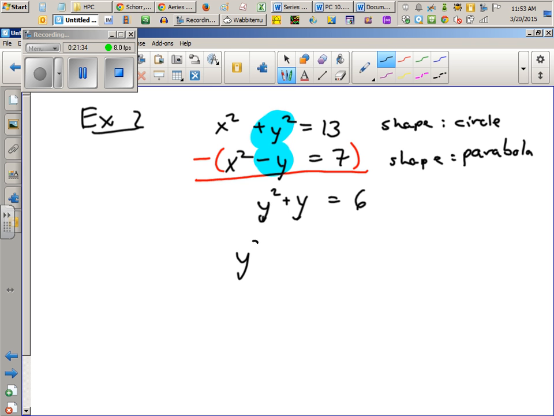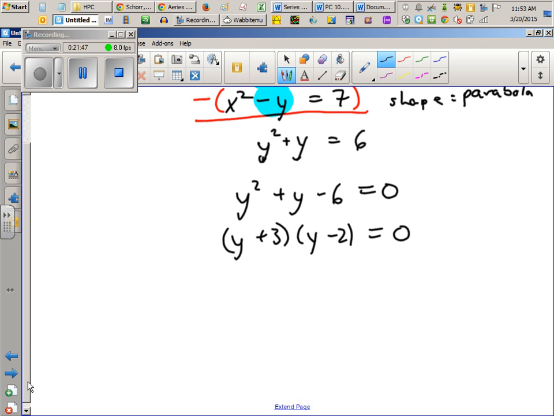So let's bring everything to one side and factor. Oh, it looks like we got y first this time. That's fine. Looks like y is negative 3 and y equals 2. They're valid solutions. Okay, let's pursue those thoughts.